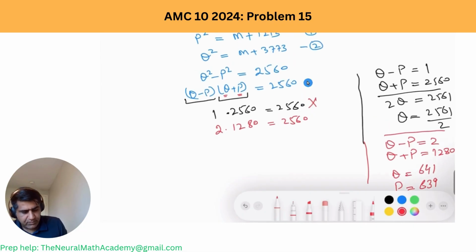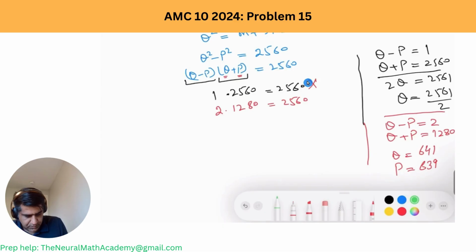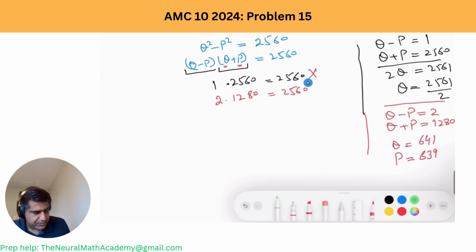And now what we have to tell is what is the units digit of m, right? So what we can do is write the equation this way: m is equal to p square minus 1213, right?